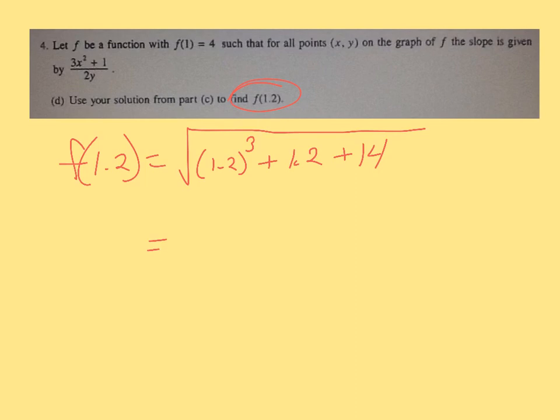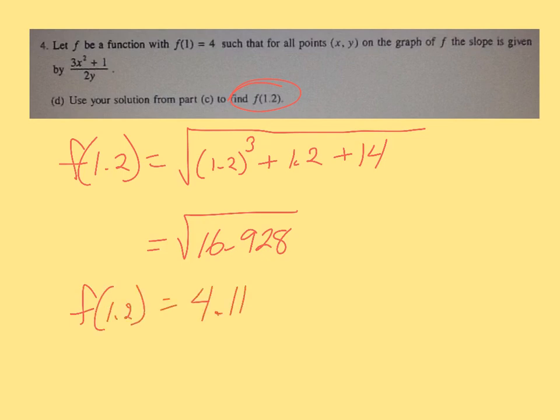So again, I'm not going to show it, but I'm going to punch this into my calculator. 1.2 cubed plus 1.2 plus 14. That is 16.928, and I'm going to take the square root of that, and I have f of 1.2 is equal to 4.114.